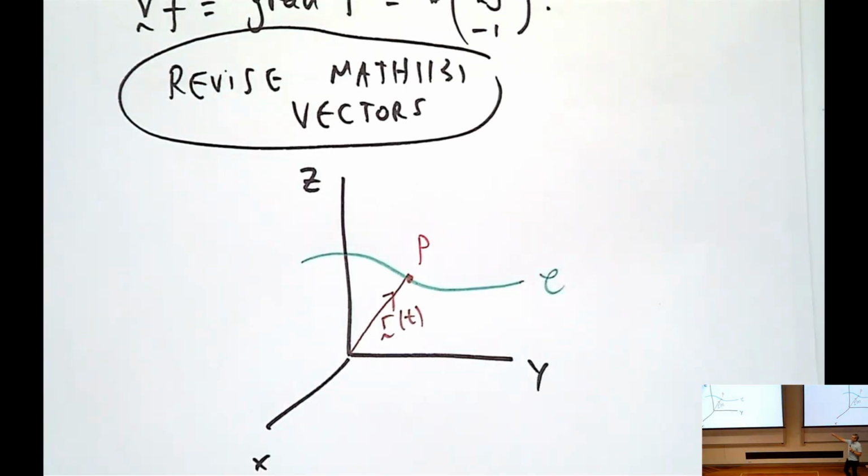Okay? So it might look something like this. In this case, t would be our parameter. Maybe it's time, maybe it's something else. And as that parameter varies, your vector moves, right? And the tip touches the curve, okay? Right? So, you know, r of t could be something like this.